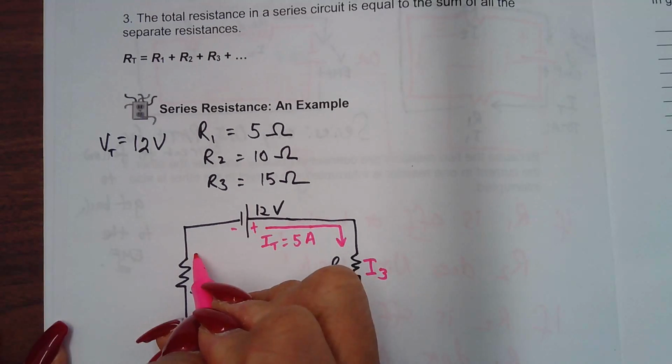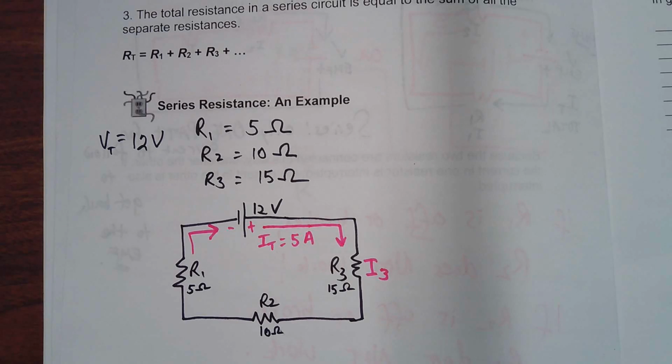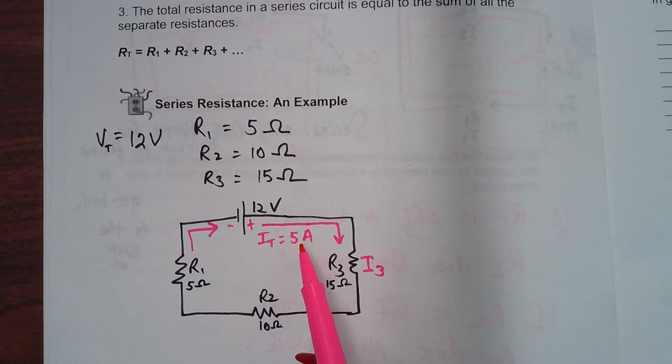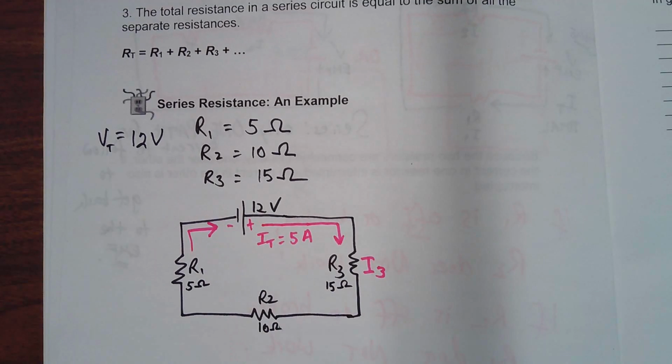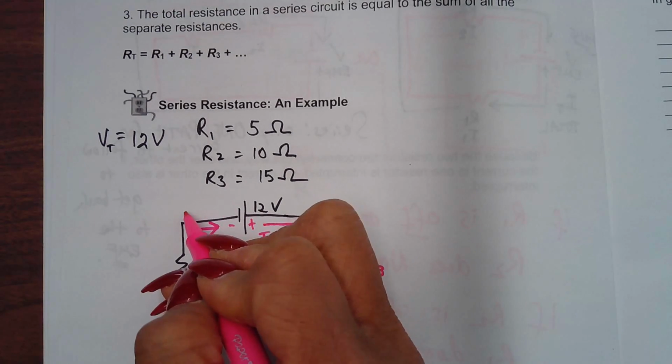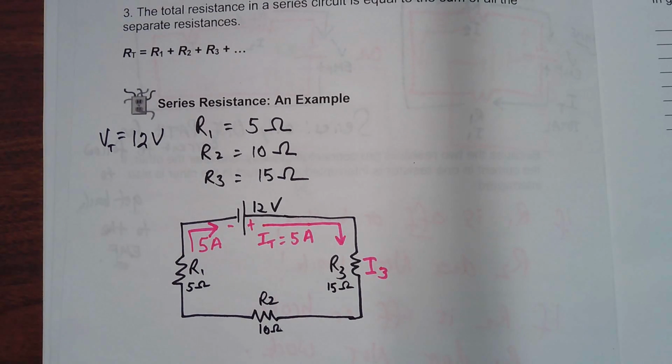Let's fast forward for a second. If I am putting out 5 amps coming from the battery, how many amps must come out? It's also going to be 5 amps, because the current is conserved. Charge is conserved, remember?